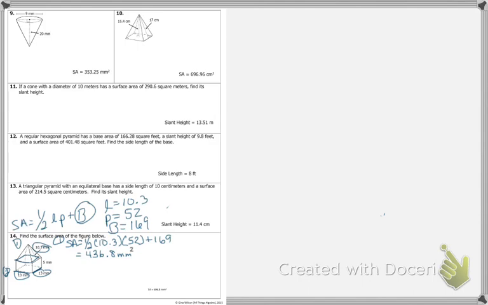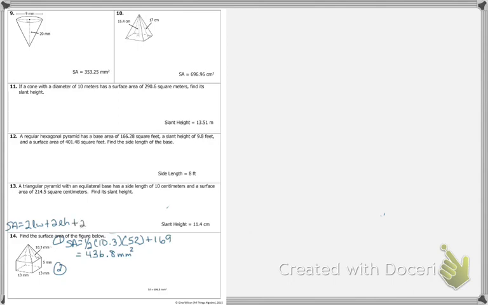Now, we need to find surface area for the rectangular prism. Surface area formula for a rectangular prism, it's 2 times the length times the width plus 2 times the length times the height plus 2 times the height times the width.